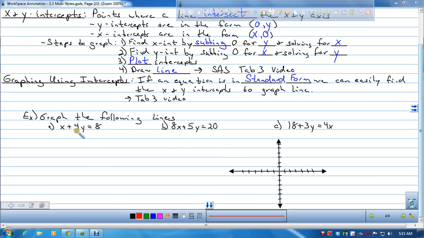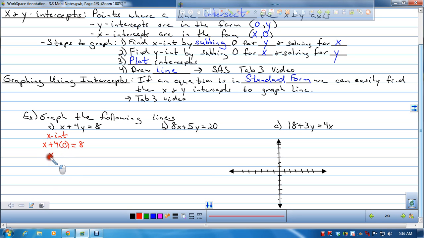Okay, in order to do that, I'm going to use red here for the x-intercept. I'm going to plug 0 in for y, right? So I'm going to have x plus 4 times 0 equals 8. So that makes that term go away, right? 4 times 0 is 0.